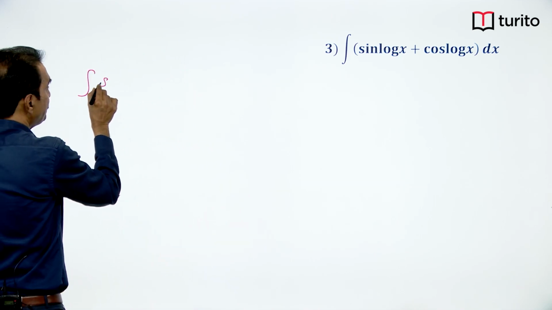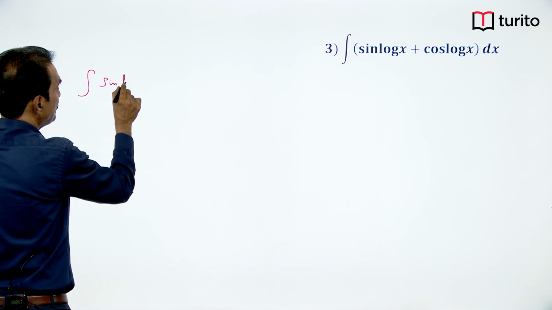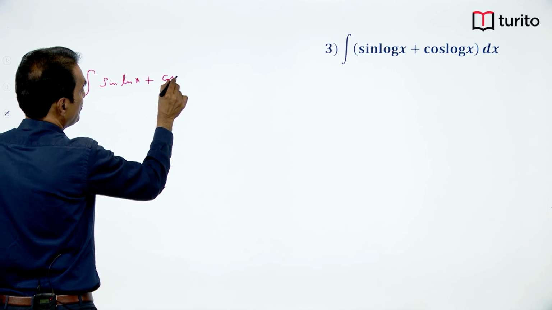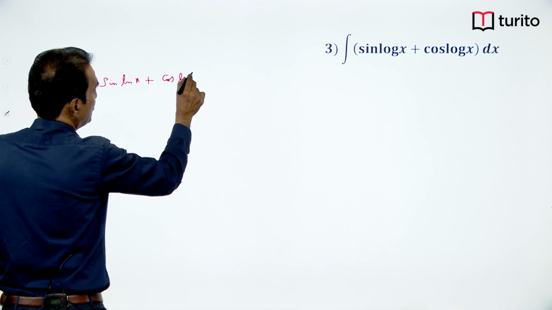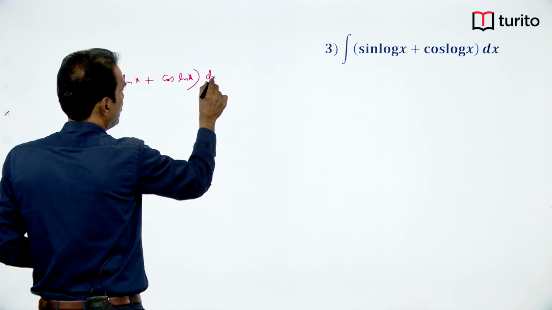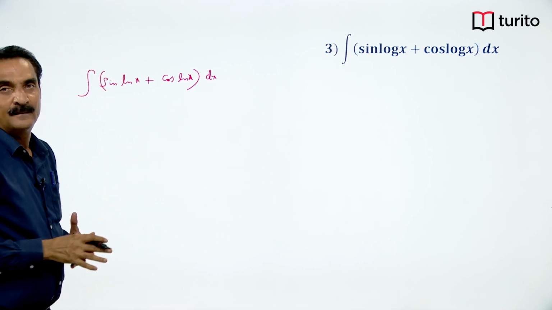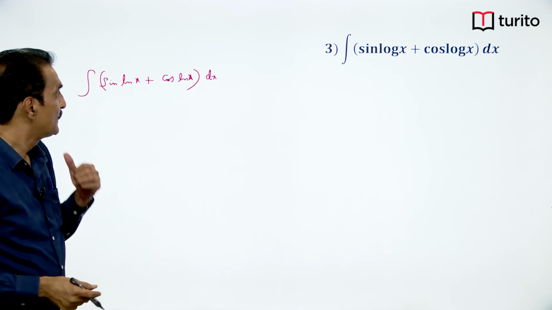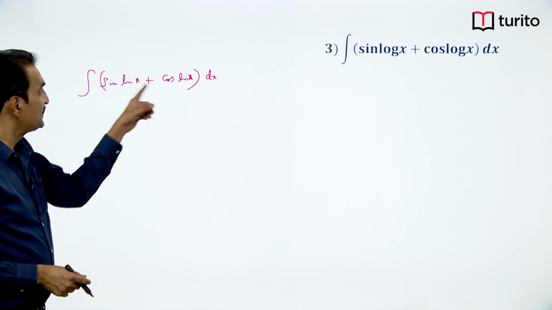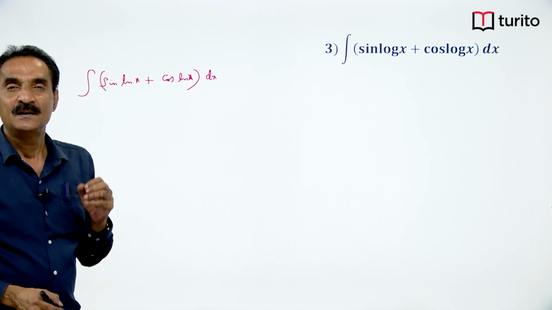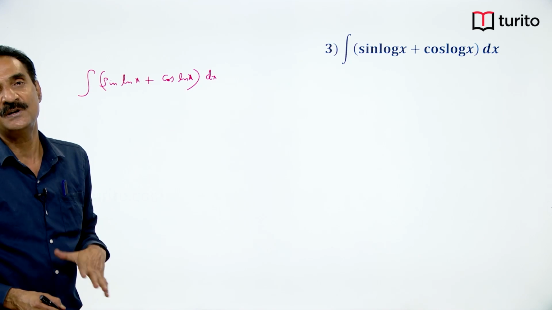Integral of sin ln x plus cos ln x. There is no e power x, but observe that both the functions are in terms of ln x. Let us substitute ln x is equal to t.